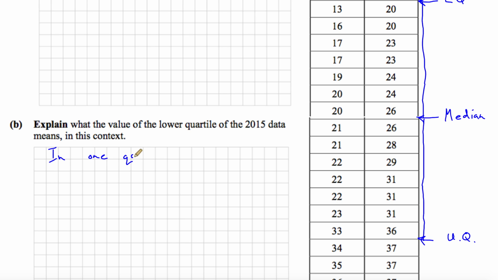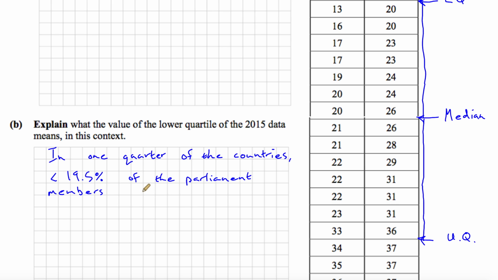In 1 quarter or 25%. You can write this whatever way you feel comfortable, but in 1 quarter of the countries, less than 19.5% of the Parliament members were female in 2015.